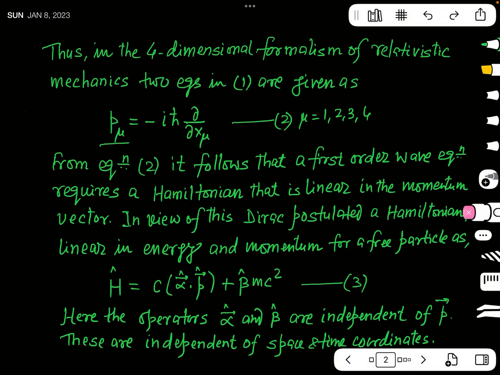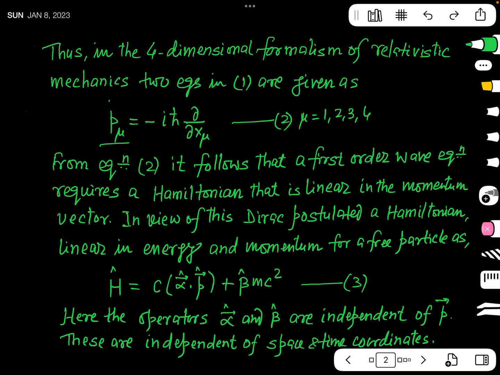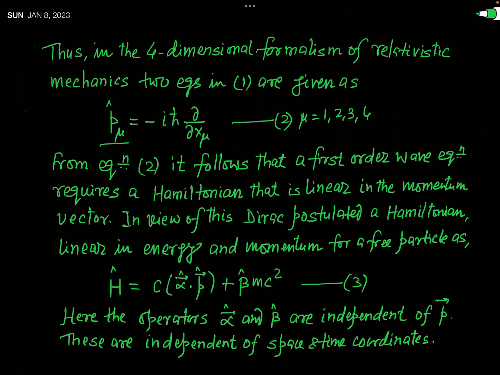Okay, so this is p mu, and this can be written as minus i h bar del by del x mu. x mu is here actually the 4 coordinates. Here mu equal to 1, 2, 3 and 4.